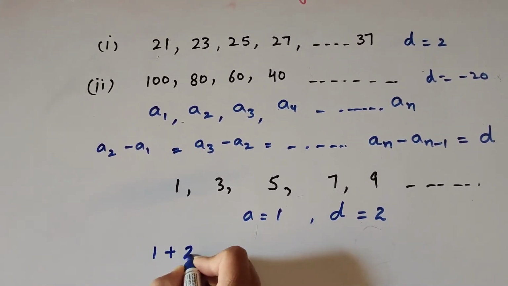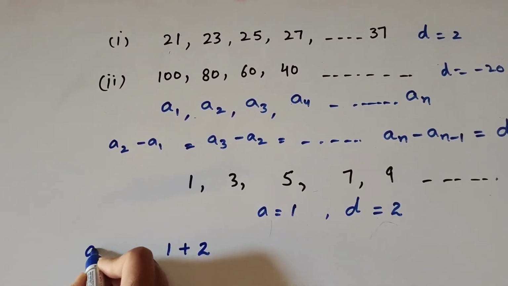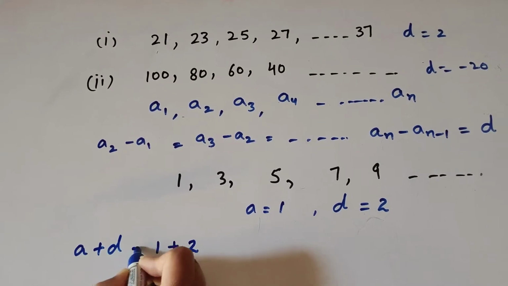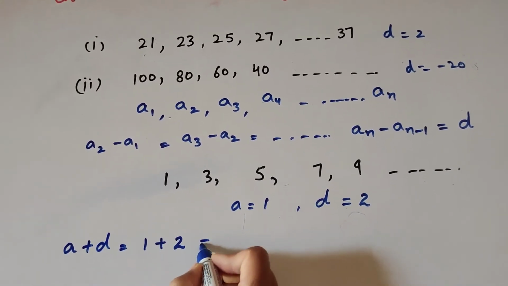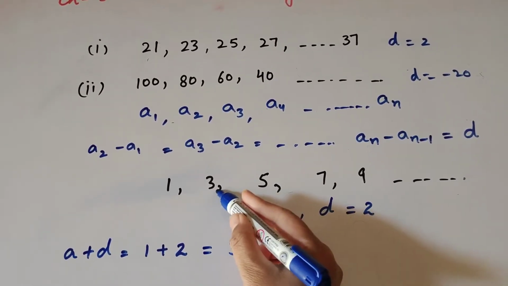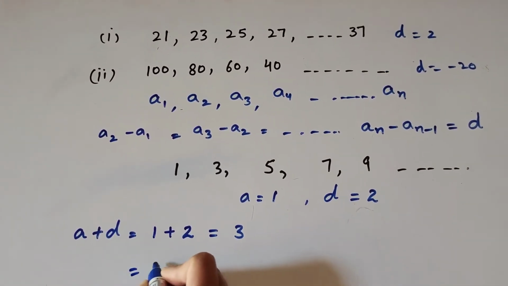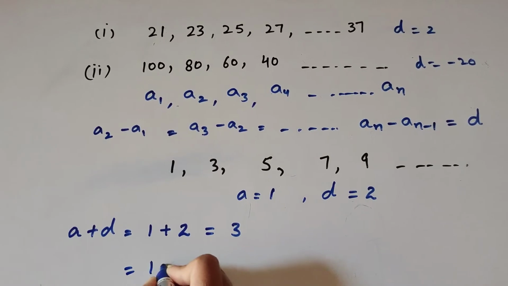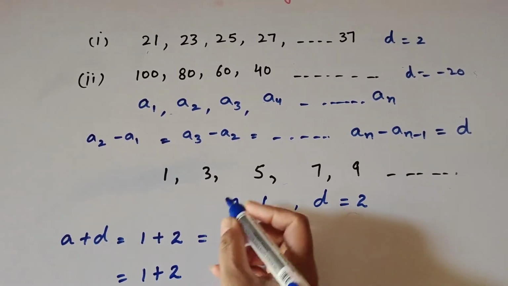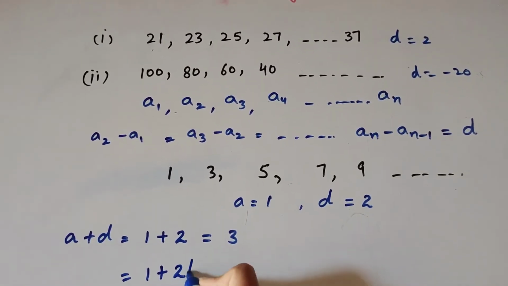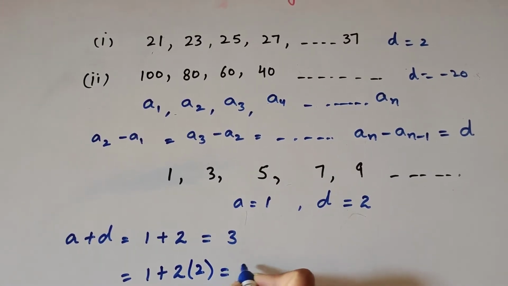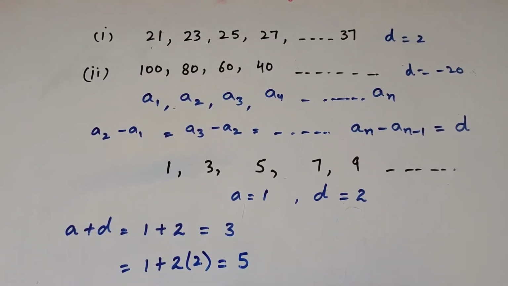So 1 plus 2, we write it as A plus D equal to 1 plus 2, it is equal to 3. This is the second term. Now in the third term, first term A is equal to 1 plus 2 into difference 2, and it is equal to 5. So it is the third term.